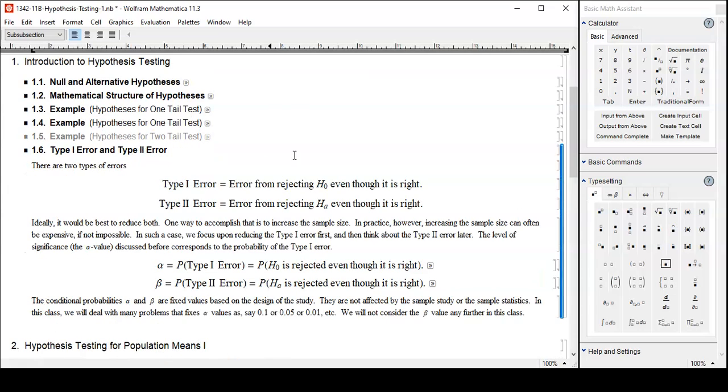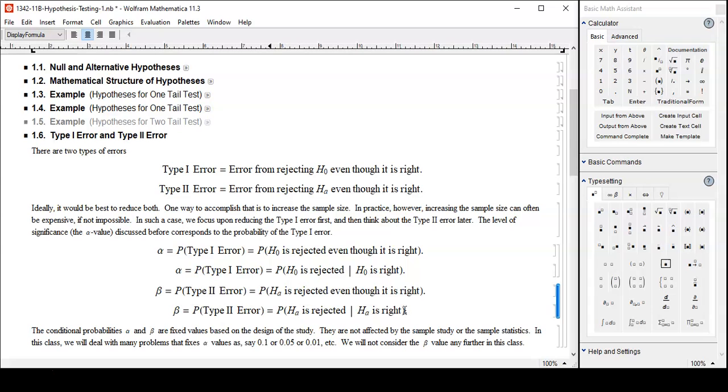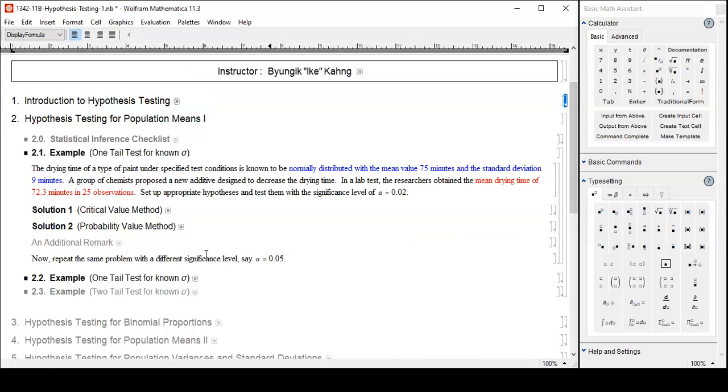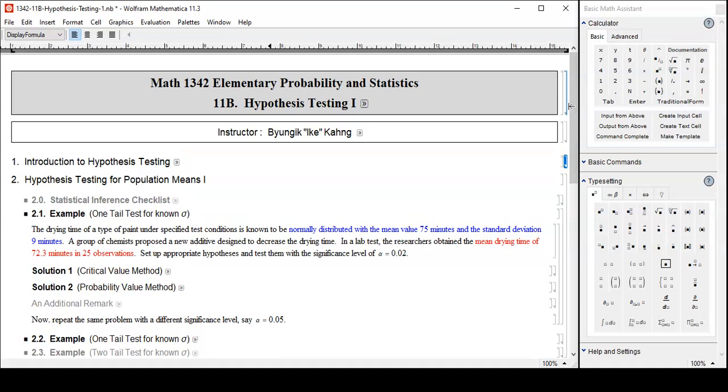So if you understand the conditional probability, type 1 error, type 2 error, alpha and beta, those kind of things very, very well, then you'll probably like the probability value approach better. And that's usually the case for all the professional mathematicians, and they are the ones writing the textbooks. So they naturally emphasize the probability value method more.